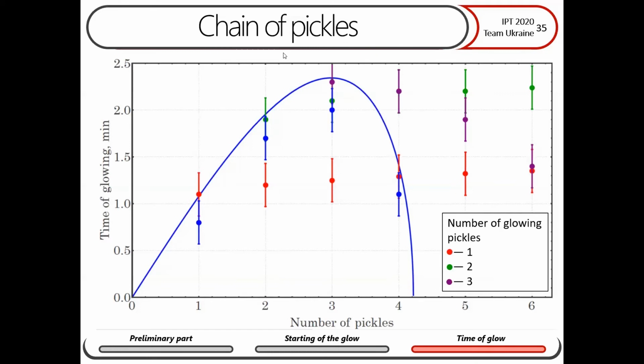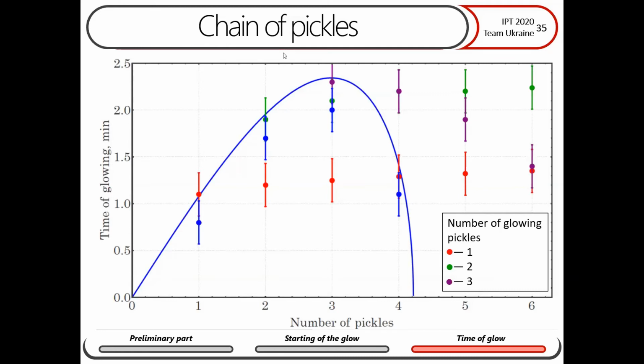When we observe a chain of 5 or 6 pickles, as I said, we need a special geometric and experimental condition.